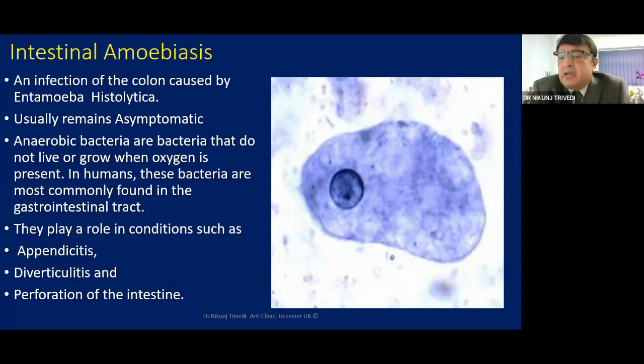But it plays a great role in conditions such as appendicitis, diverticulitis, and perforation of the intestine. This organism is causing anything and everything except pregnancy, which has been mentioned in the book of medicine written by Seville Thomas Dixon.